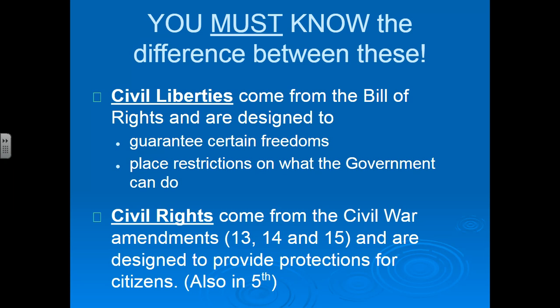Equal protection is really where civil rights come from. It says no state shall deny any person due process of law or equal protection under the law. So equal protection means I'm making laws that treat all people the same, giving an equal playing field. So those are civil rights.